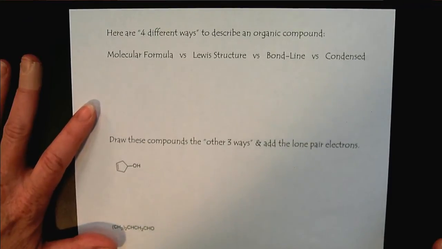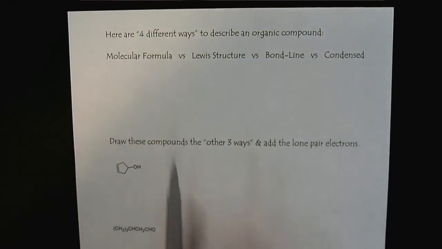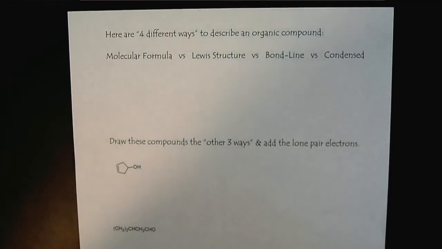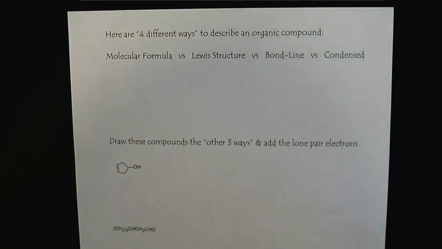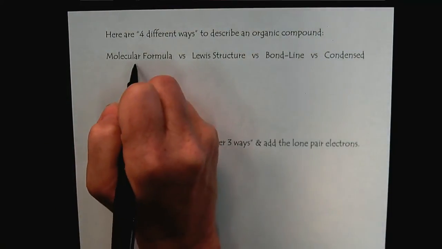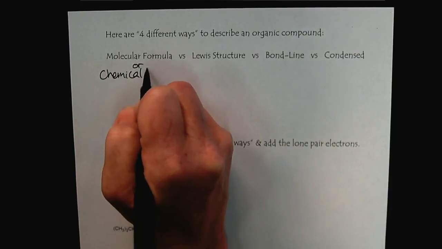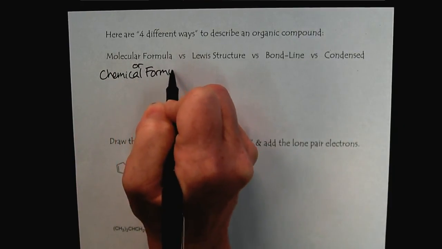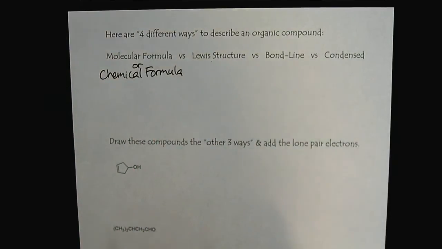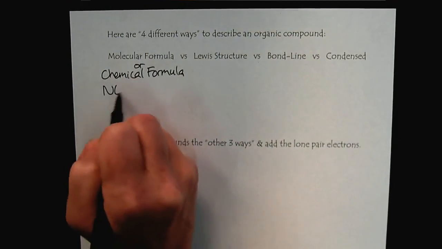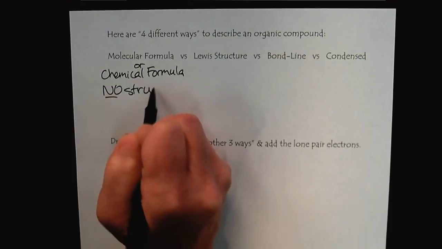Alrighty. So basically, we have 4 different ways to describe organic compounds. The first one, the molecular formula, could also be the chemical formula. We haven't really talked about this in the video, and the reason for that is because there is no structural information.